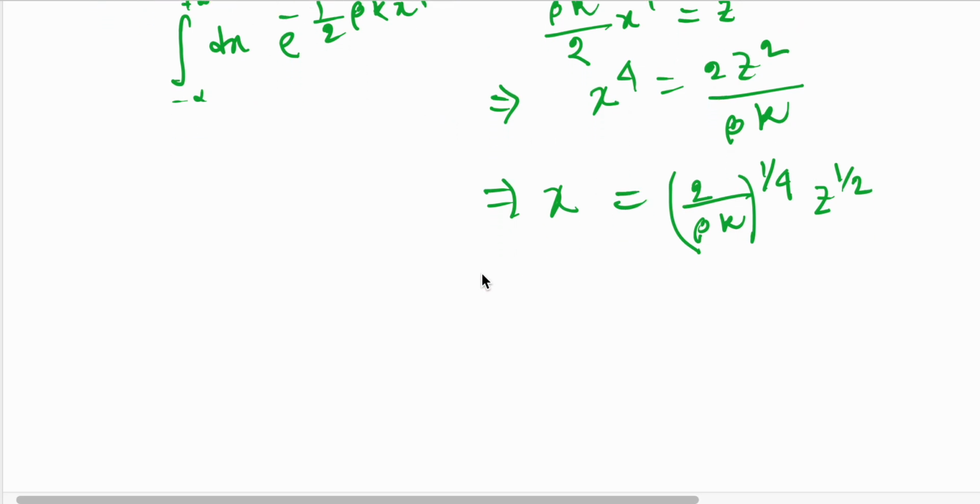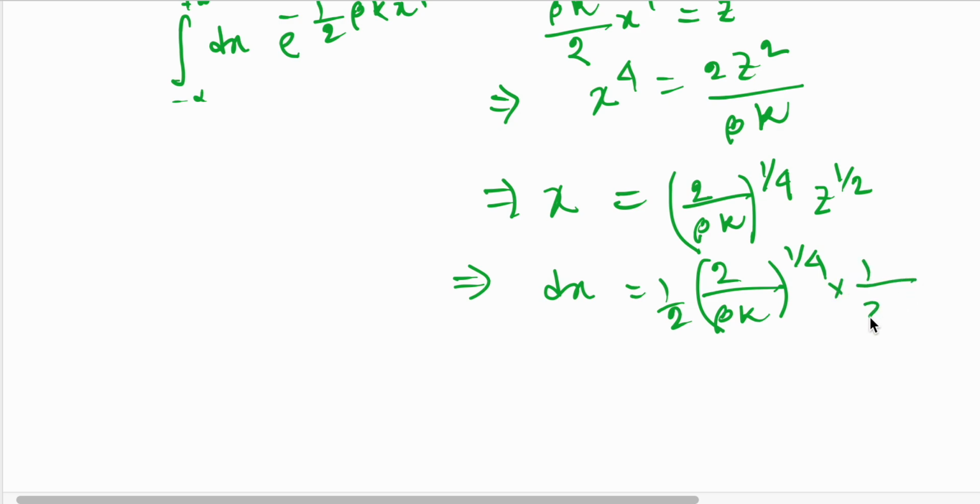Okay, so what will be dx? The value of dx will be (4 by beta k) to the power 1/4 times half times 1 by z to the power half times dz.